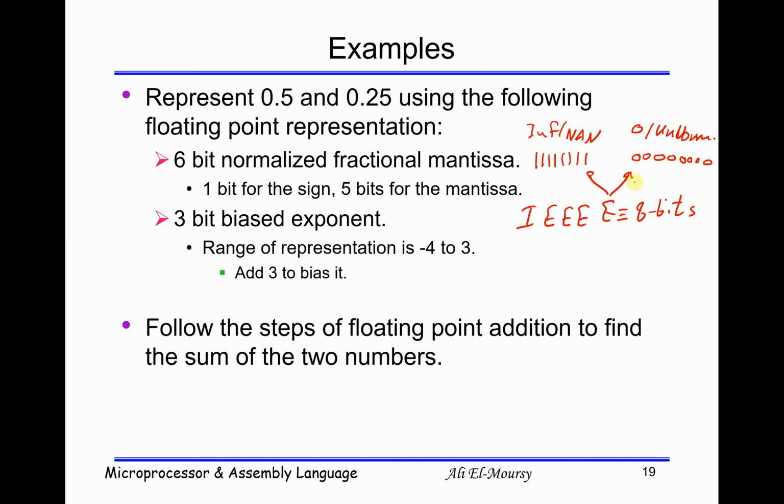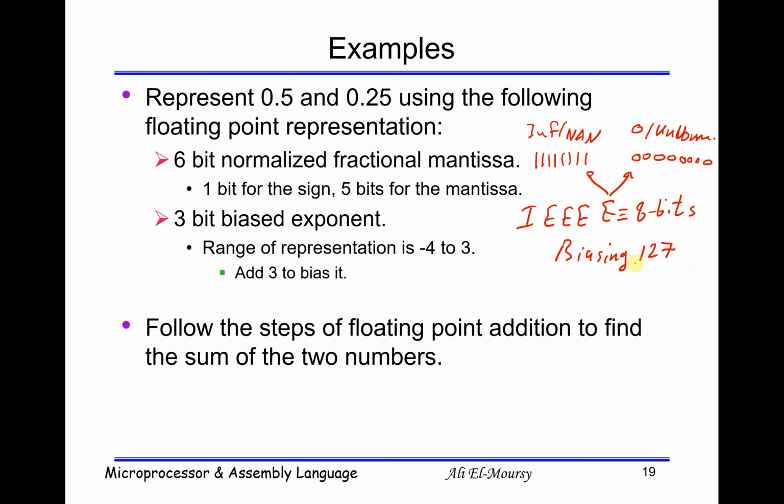After excluding those, we have the range of values from minus 126 to positive 127. If you still remember, we mentioned that the biasing for IEEE was 127.